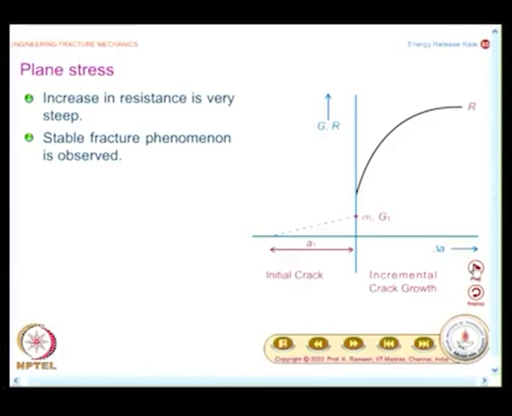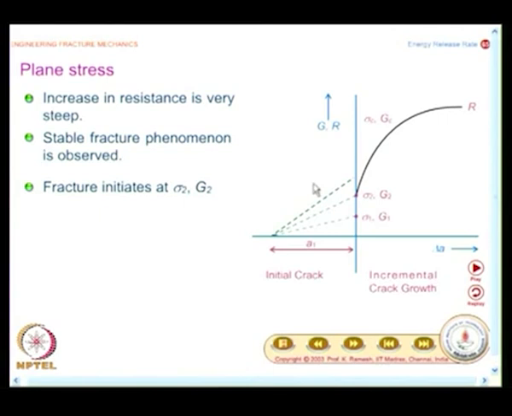Look at the animation. I keep increasing the stress, and when sigma 1 reaches sigma 2 and the corresponding energy release rate is G2, fracture initiates at sigma 2. In the case of brittle materials, what happens?